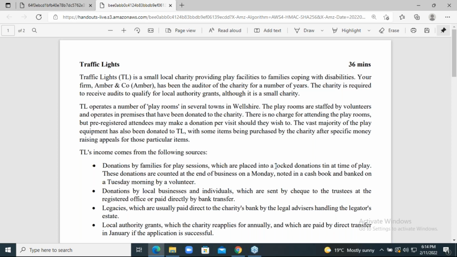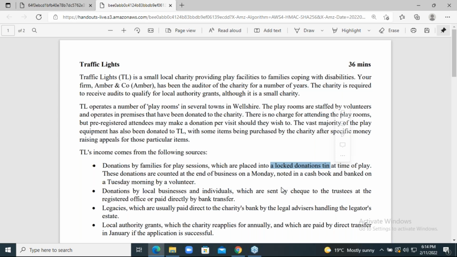These donations are placed in a locked donation tin. This is an important point. Highlight it and write a procedure for this. So there are some donation tins locked at the premises. What you will do, you will go there and see whether there are donation tins, whether they are locked or not, and who has the keys.